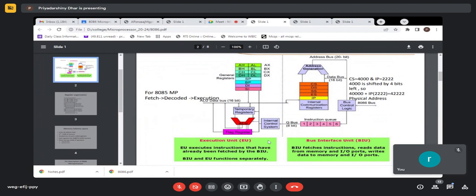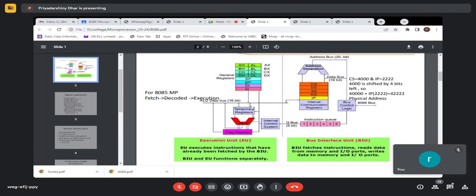Basically the execution unit receives the opcode of an instruction. Now where is the opcode stored? In memory. The microprocessor reads this opcode from the memory location and stores it in the instruction queue. The execution unit receives the instruction from this queue, not from memory. It decodes it and then executes this opcode.